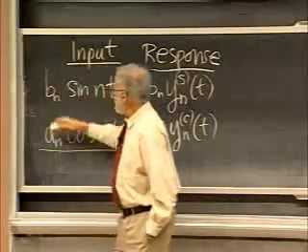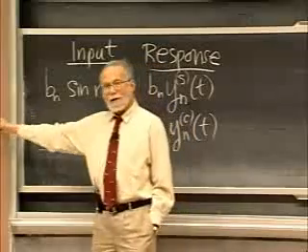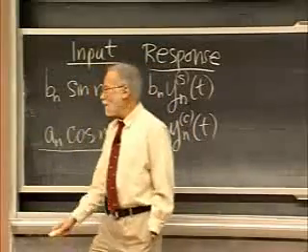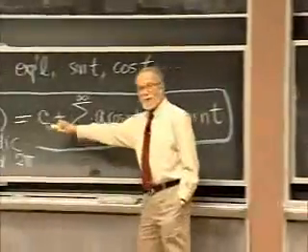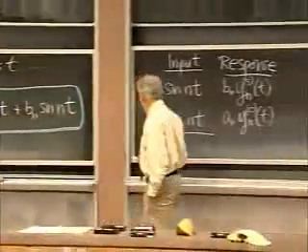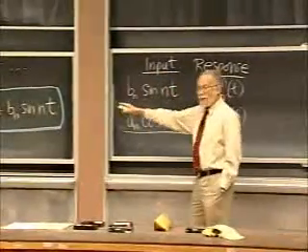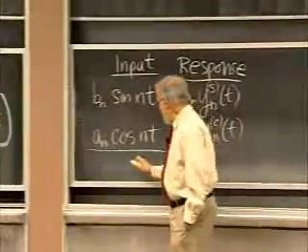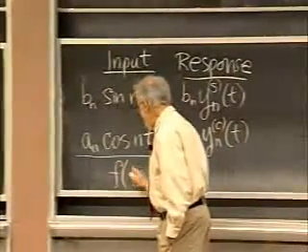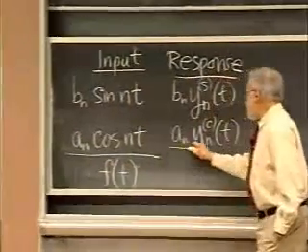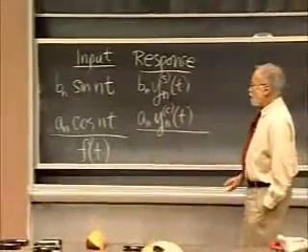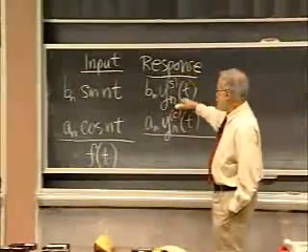If I add them up for the different n's, and take account also of the n equals 0 corresponding to this first constant term, the sum of all these, according to my Fourier formula, is going to be f of t. What's the sum of the corresponding responses?